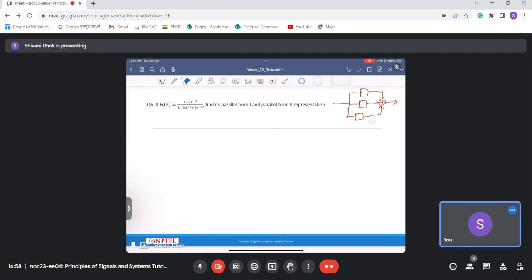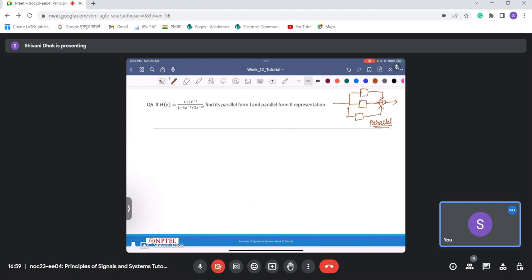So this is known as parallel representation. There are two forms of doing this, and the first form is parallel form 1. So let's start with this parallel form 1.